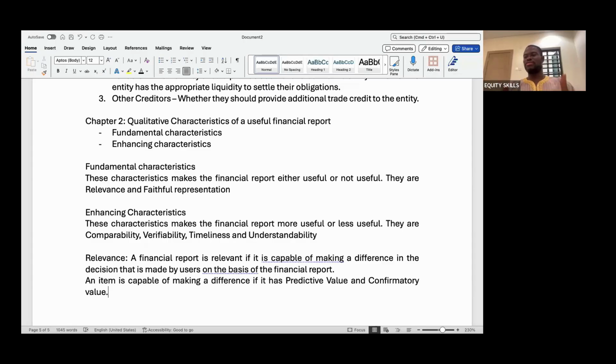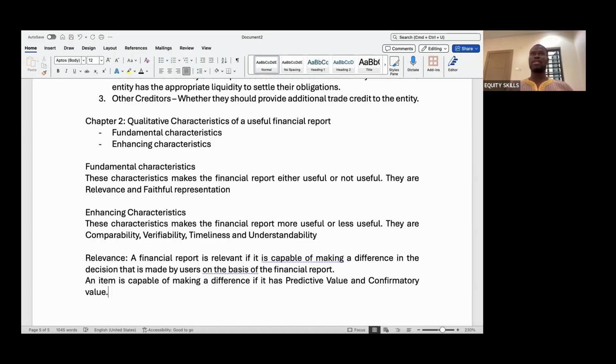And when we say predictive value, it simply means that we should be able to use the report to make predictions. If it has confirmatory value, meaning that in the future, it should be able to confirm our past predictions. We should, of course, it will, because this confirmatory value means that you will continue to operate on a going concern basis.